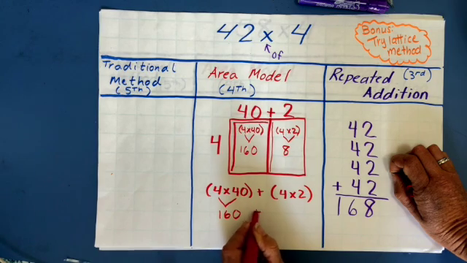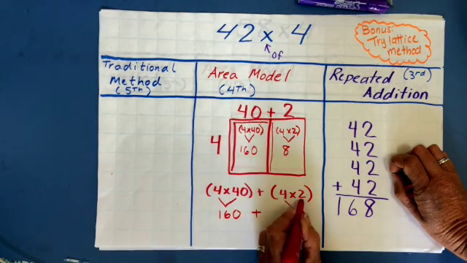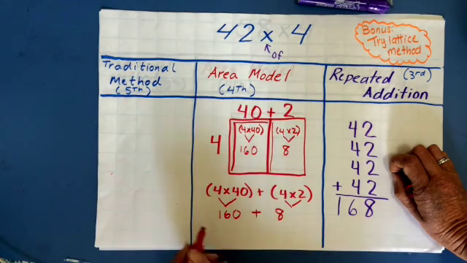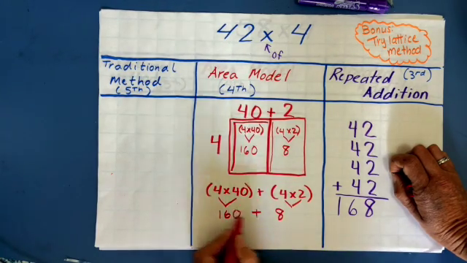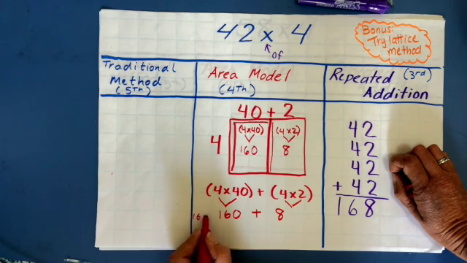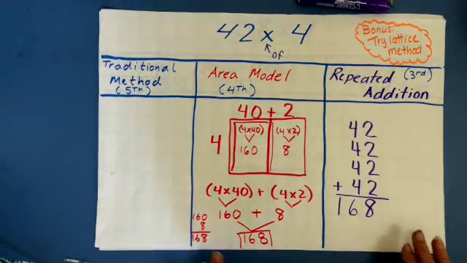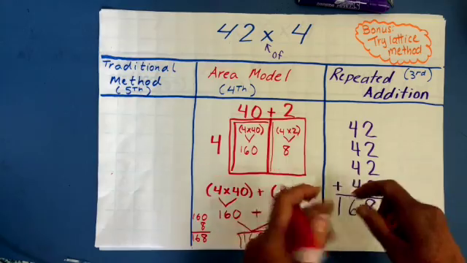Then I'm going to put a plus sign. And then I know 4 times 2 is 8. Well, I need to add these 2 together. Sometimes when I do this, this is an easy one, but I always write it up and down because it's easier for me to solve. And I know the answer to this right here is 168. So this is a great way to check your work if you do 2 different methods.